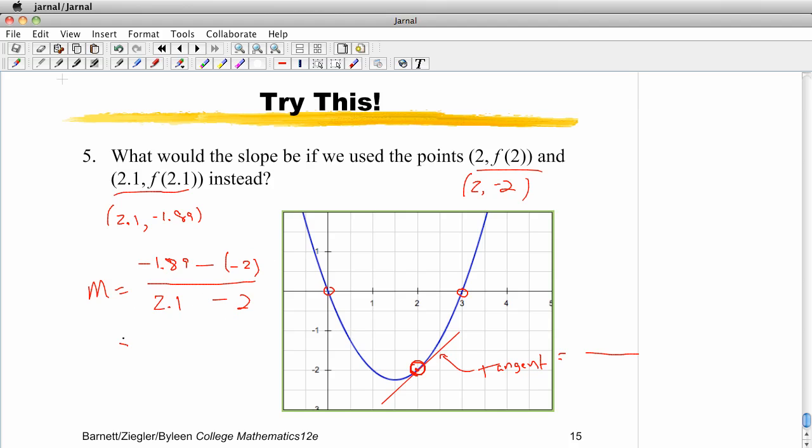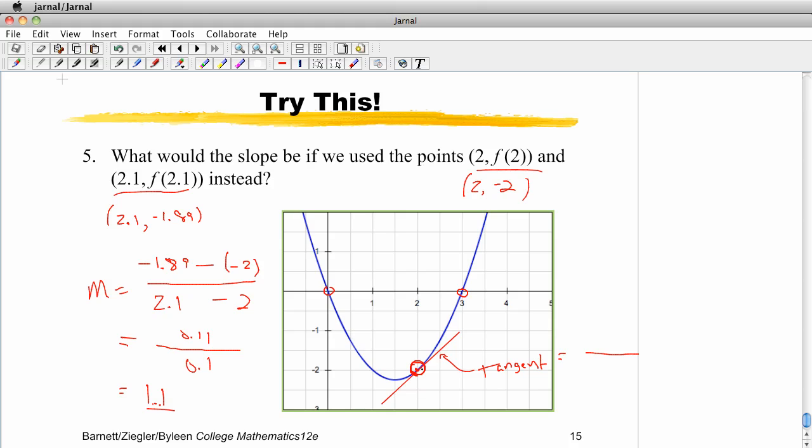So I'm just finding rise over run slope, and if I do that, up here I have 0.11, and down here I have 0.1, so that's 1.1. So the slope of the line there is 1.1.